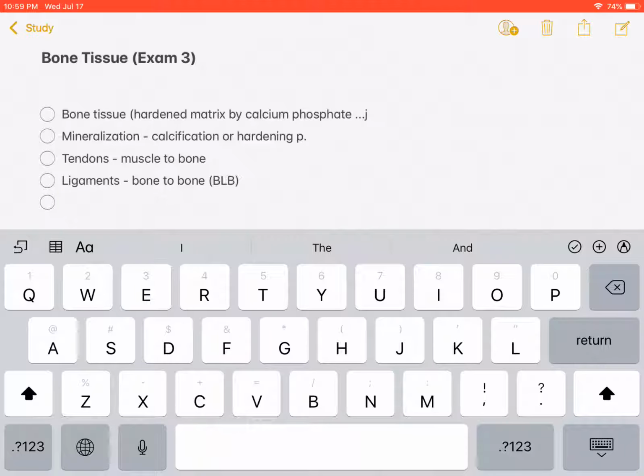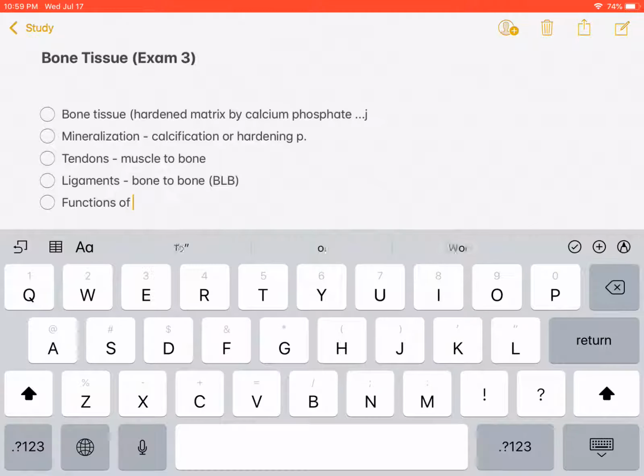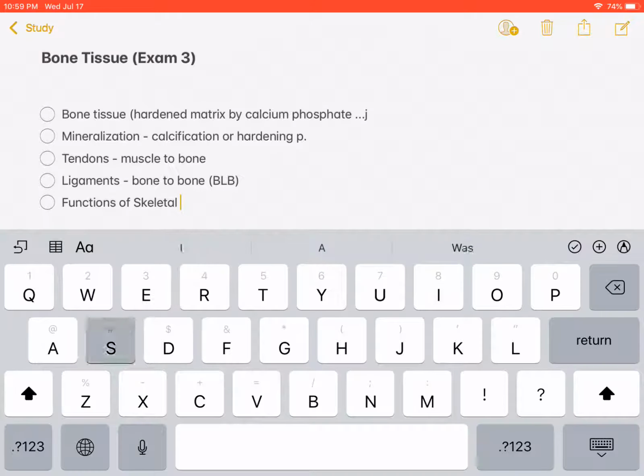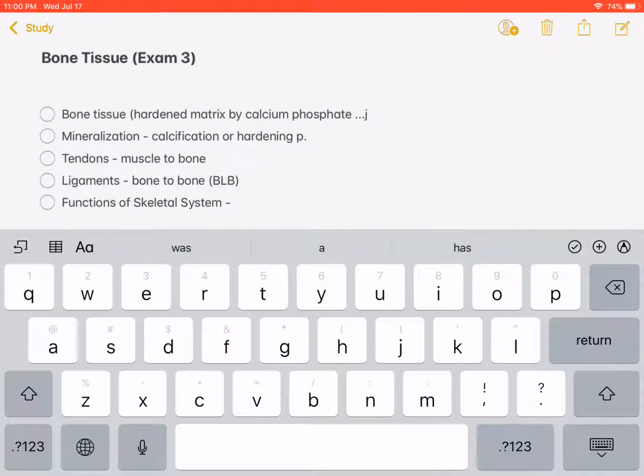Functions of the skeleton. So whenever you learn a system, you want to know the functions of the system. Functions of skeletal system. And for this one, you absolutely want to remember at least 6. So we have support, we have protection, and this is all behind your flashcard.